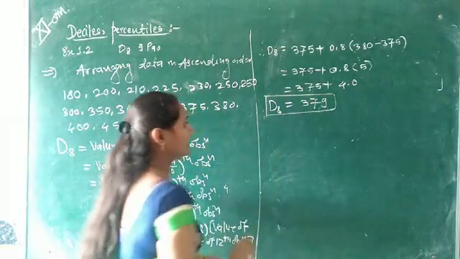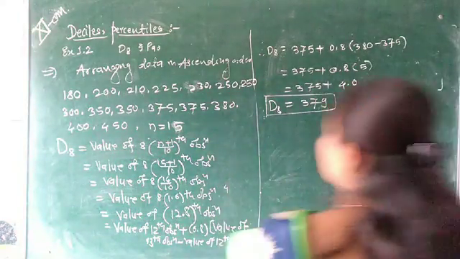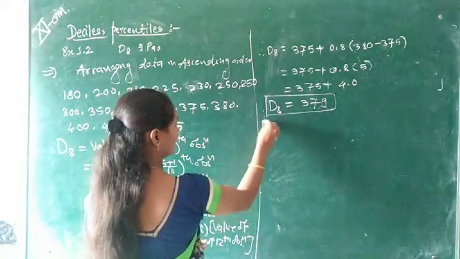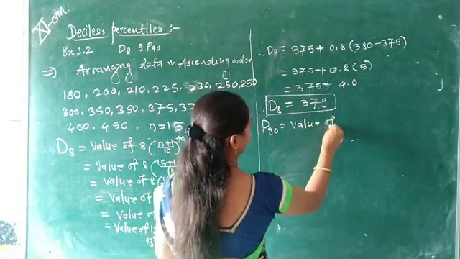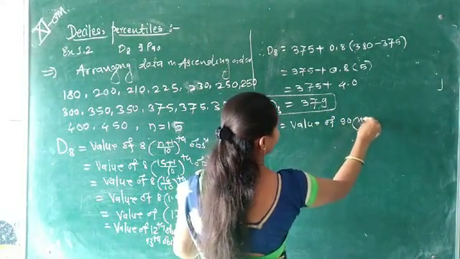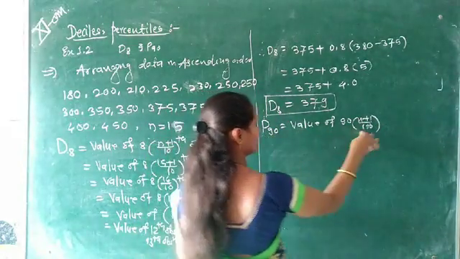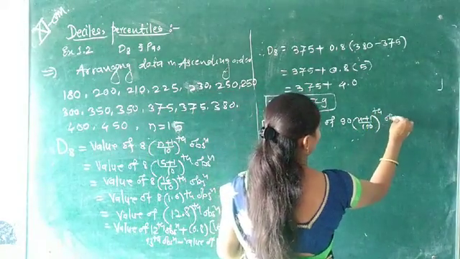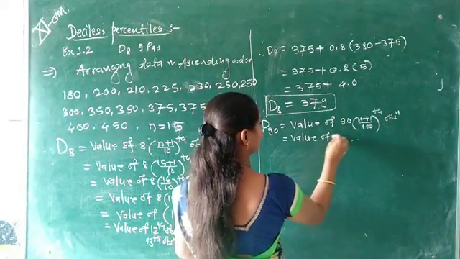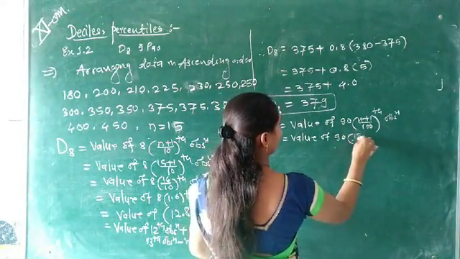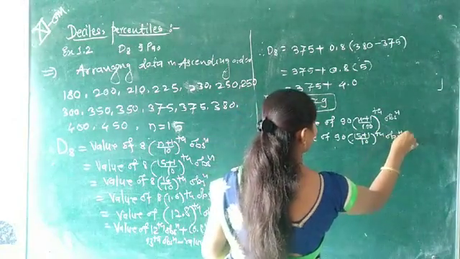Therefore, the value of the 8th decile is 379. Now next we have to find P90, which is equal to the value of 90 into n plus 1 upon 100, because we find the percentile. That is 90 into 15 plus 1 upon 100, and that is 1.6.